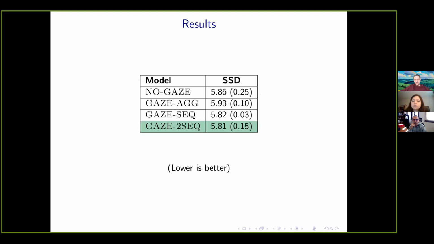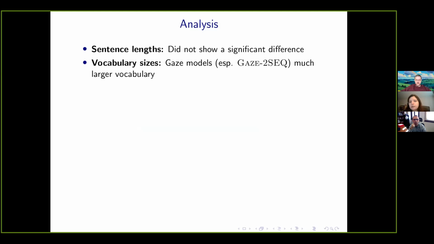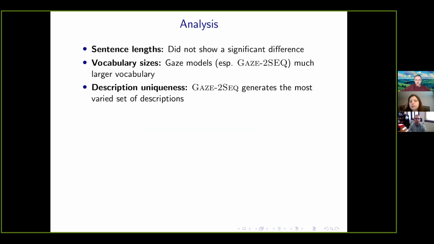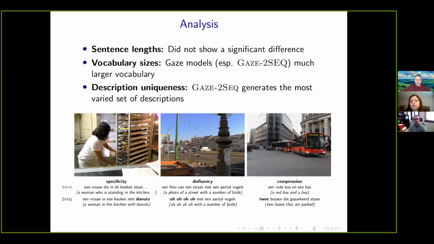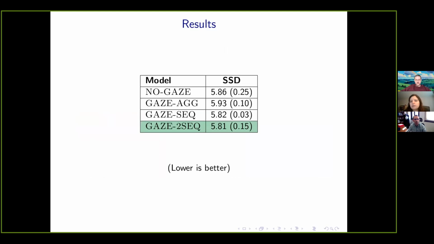Yes, this was a thing that we also discussed in our group, because these values are really close to each other, and we weren't sure if they really reflect what we were looking for. But when we also looked at the CIDEr and BLEU scores, we saw a similar distribution, but maybe with a higher distance between the scores. That's why we did all these analyses looking at the generated descriptions to see what the difference is.